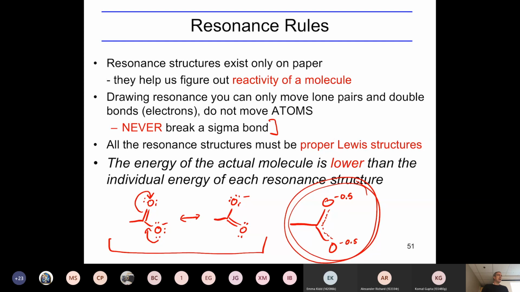That's my attempt at drawing something that looks like the actual molecule here. The energy of the actual molecule is lower than the individual energy of each resonance structure. So the true structure is favorable because you can spread the charge out. That comes from the idea that charge is bad, especially if it's built up in a single spot, so we want charge to be spread over as many atoms as possible.